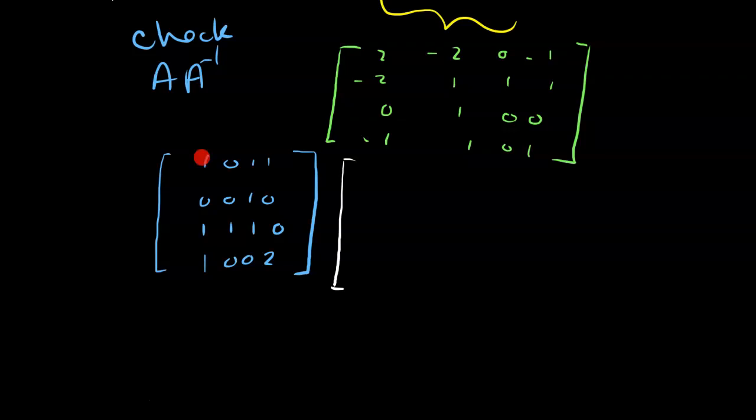So what we're going to first multiply for this element here is this column multiplied by this row. So we have 2 times 1, 0, 0, minus 1. So that gives us a 1 in that element. For this next space, negative 2, 0, 1, and 1.